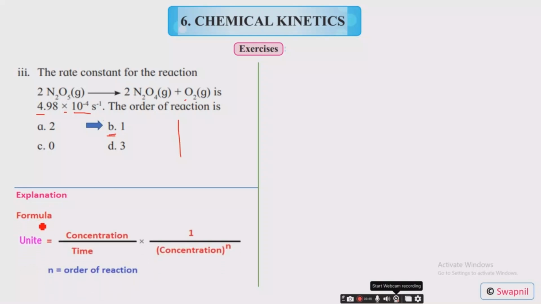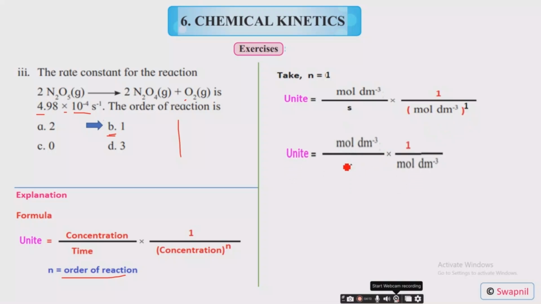Again, we know that the formula for unit is equal to concentration divided by time into 1 divided by concentration raised to n, where n is equal to order of the reaction. So take n is equal to 1, and we know that the concentration is generally expressed in mole per dm cube or mole per liter and time in second. So unit is equal to mole per dm cube divided by second into 1 divided by mole per dm cube raised to 1.